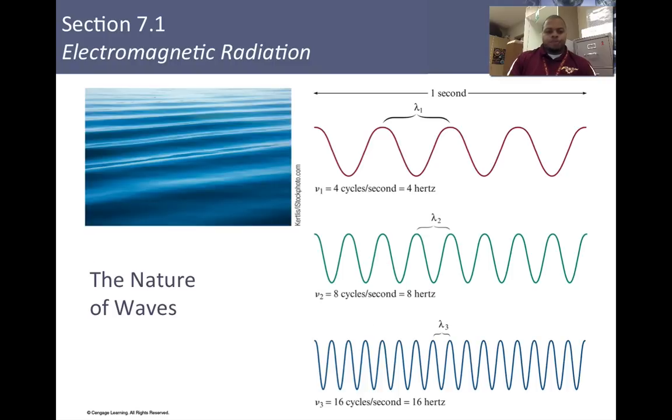Okay? Now, as we look at the diagram here, we see the different sizes of the waves. We go from 4 cycles per second, more wide strokes in terms of our wave, and we make it more narrow, we get more cycles in per second, or increase the number of hertz that we're going to actually be looking at here.